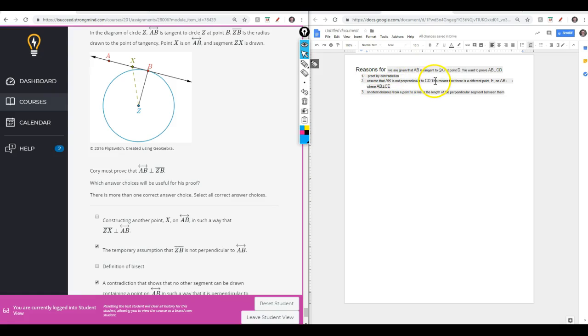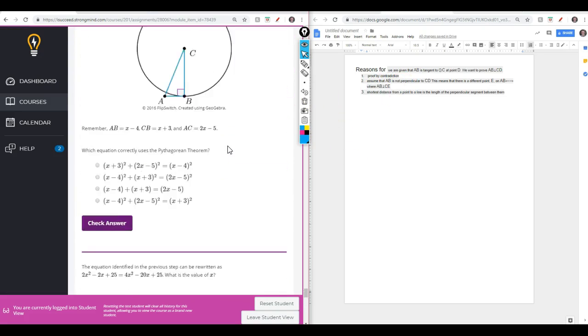So I'm looking at this and looking at reason 2. It says this means that there is a different point E on line AB where AB would be perpendicular to CE. So it's saying to construct another point. And again, I'm just remembering this.